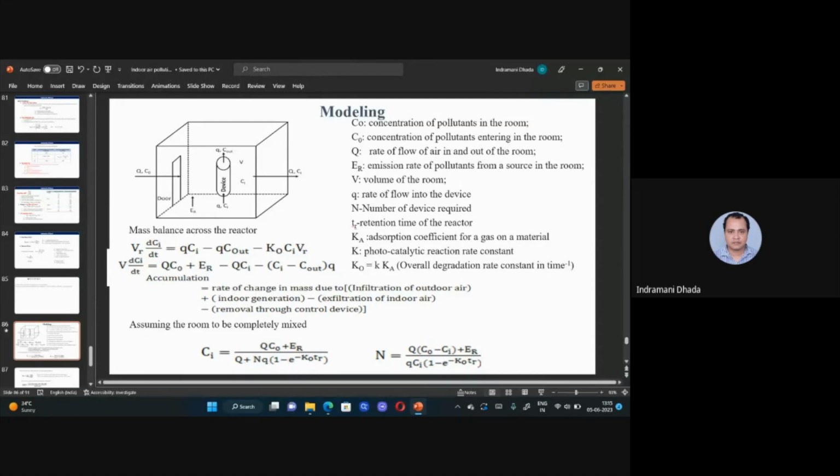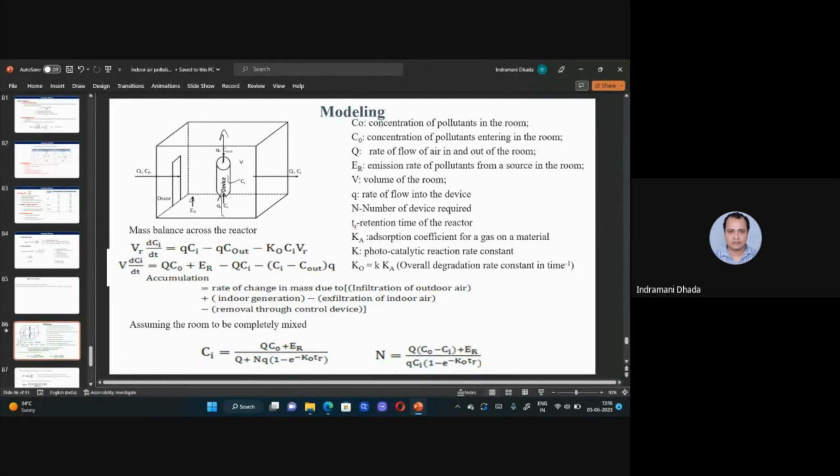Second, suppose you have fabricated some device and you want to model its efficiency. Suppose this is a chamber where you have put your device, the inlet concentration is this much, and the outlet concentration is this much. Inside your industry, some gases are being emitted. This is the source.